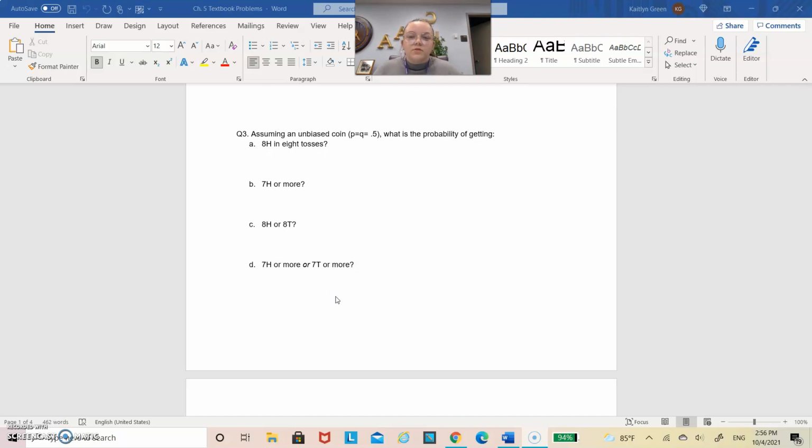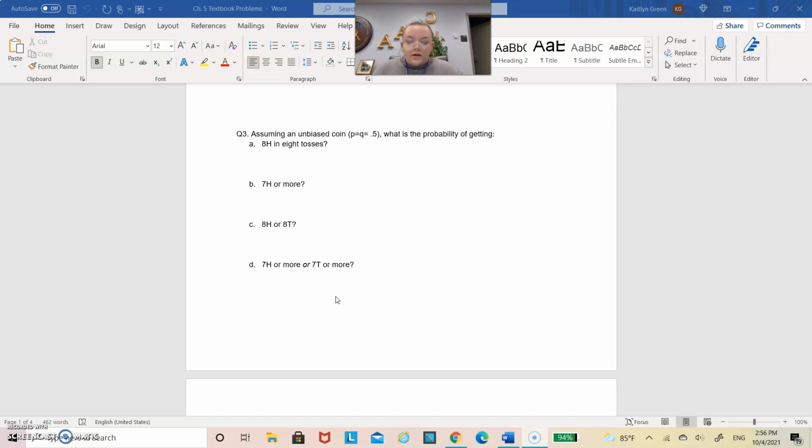These questions were pretty simple because if you used the expanded binomial from before, you can pretty much just plug in your values that way. And since it is 0.5, you can use the binomial rule rather than having to put in each individual value. So for 8 heads, I simply found the probability of 8 heads, which was equal to 1 p to the 8th, which ended up giving us 1 over 256.